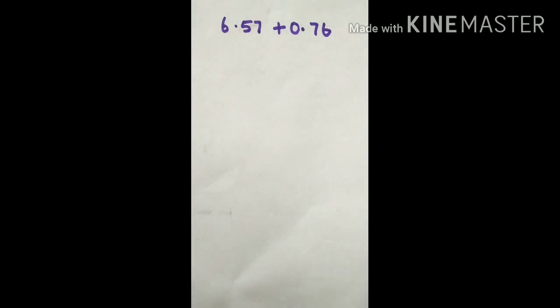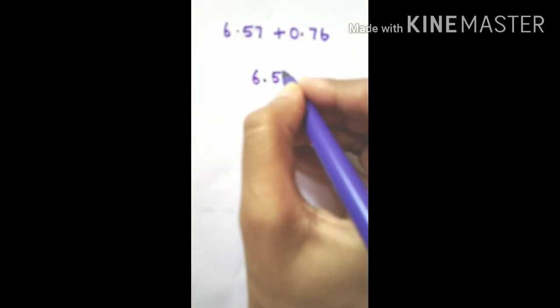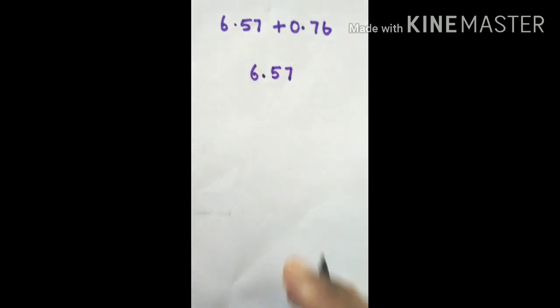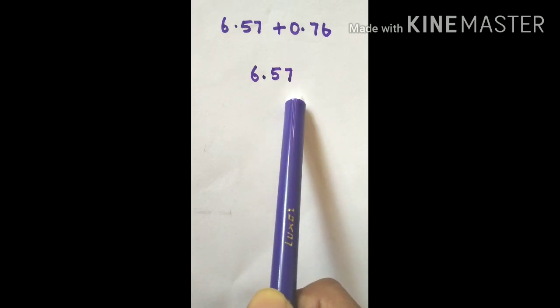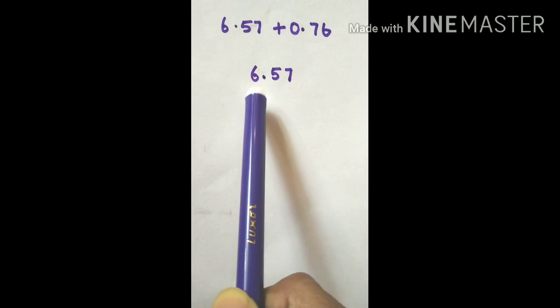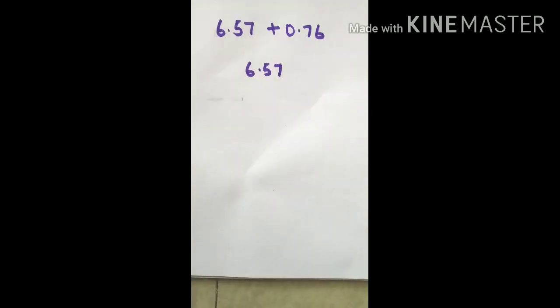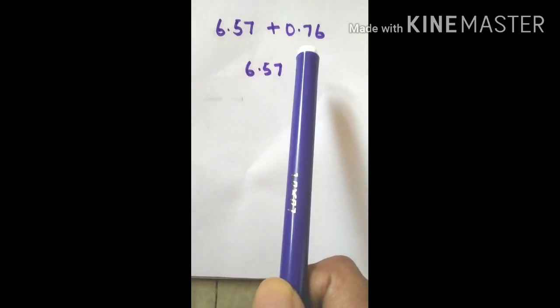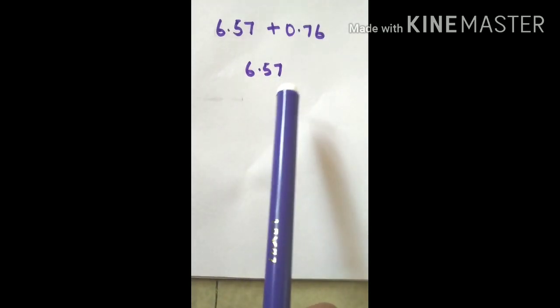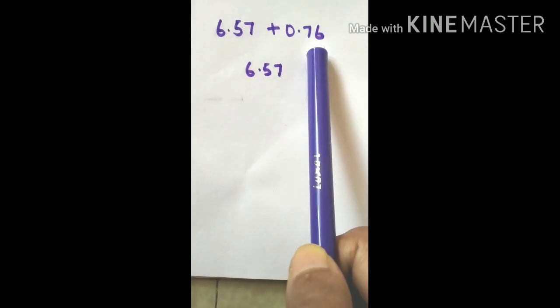And in order to add them, we will first write 6.57. Students, in 6.57, 7 is in the hundredths place, 5 is in the tenths place, and 6 is in the ones place. Now we will write 0.76 below 6.57. Now look at this decimal 0.76.